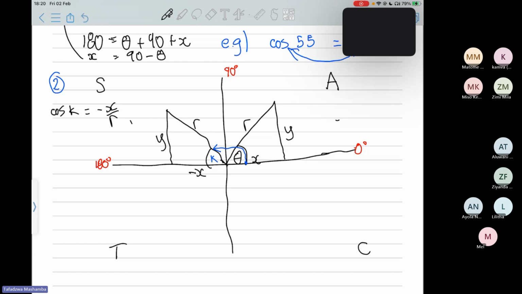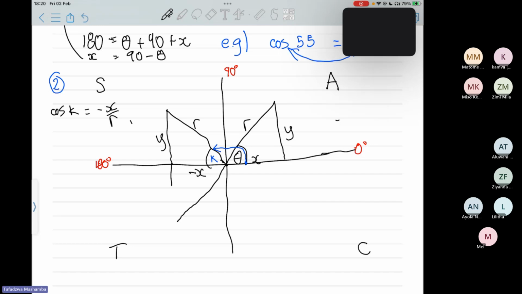You guys can see why sine is the only one that's positive in this quadrant, because opposite of k would be y over r, which is positive. If I take tan, it's going to be minus x over minus y, which is a negative number already. So that's the reason why we say sine is the only one that's positive in that quadrant. Then we go down into the third quadrant.